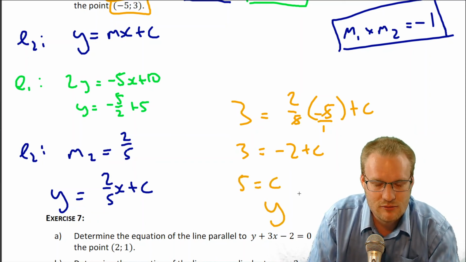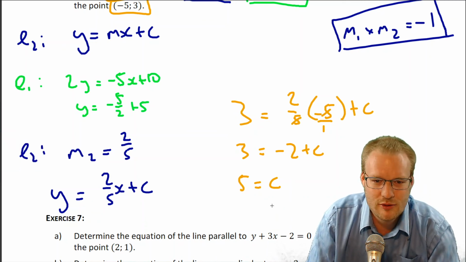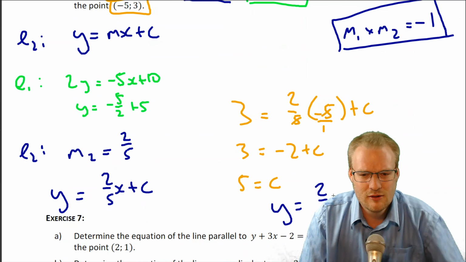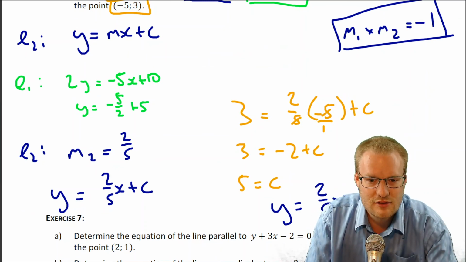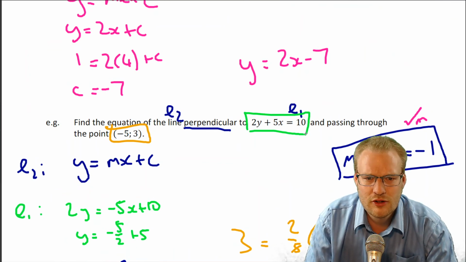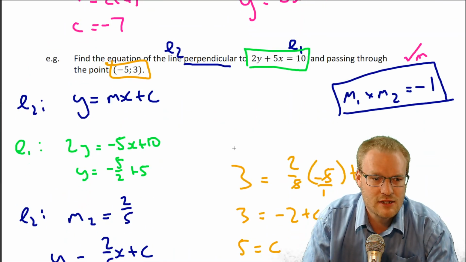The equation, let's go in blue, y equals 2 over 5 x plus 5. If we substitute that in, minus 2 plus 5 is 3. Okay, that seems reasonable. Cool. So there we are. That's how we do those.